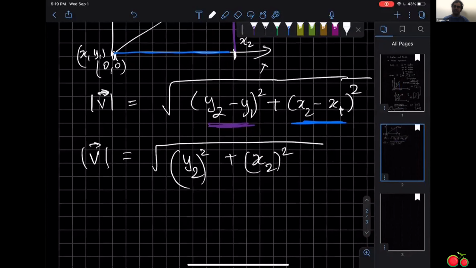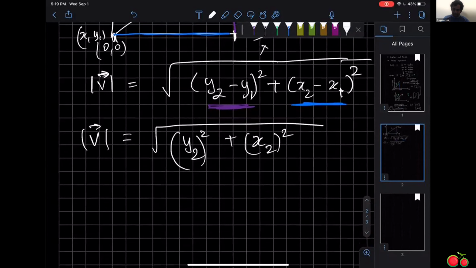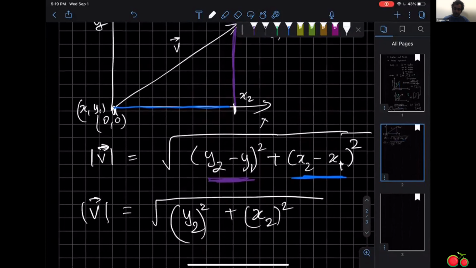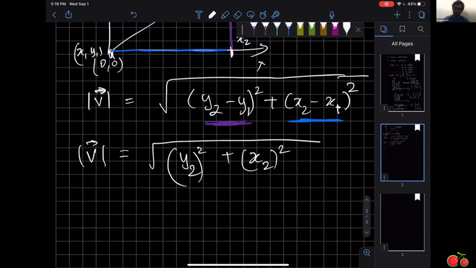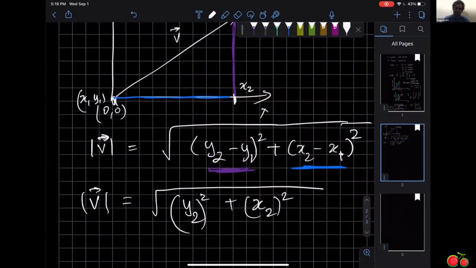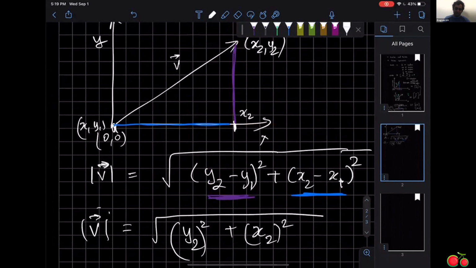to everyone? And please stop me and say if it doesn't make sense, right? Because what I'm essentially doing is, because y1 and x1 are 0, we are just looking at y2 squared plus x2 squared, which gives me this quantity, which is the length, right?